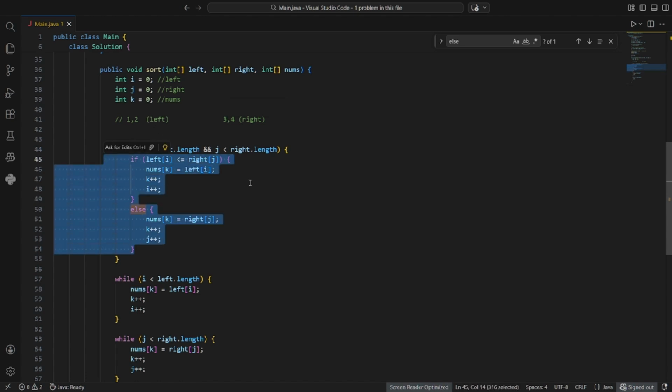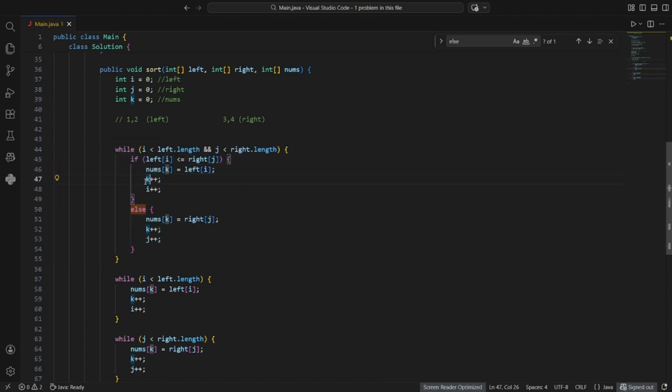After we divide, this is the conquer part. This is the merge part, basically. So we're going to keep incrementing K and I until I hits left length or J hits right length. So when either of these hits, let's just say 1, 2, and 3, 4.